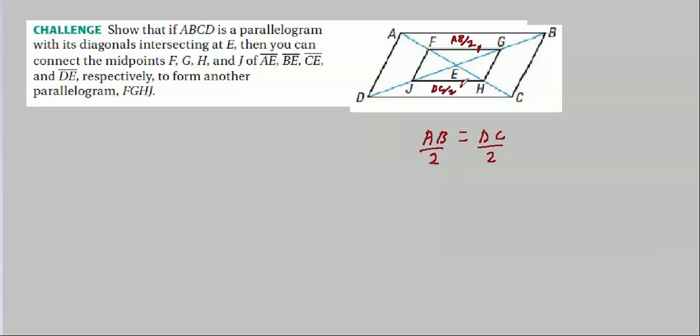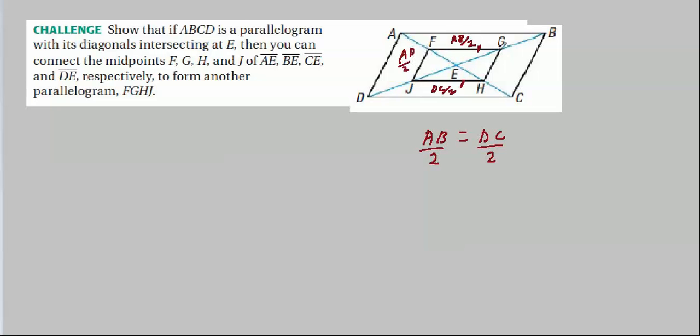Well, that's a start, but now if we can show that this side and this side are congruent, we're done. Because if both pairs of sides are congruent, we have a parallelogram. Well, the argument is identical for this triangle and this triangle. This is a midsegment, so this is exactly half of this.